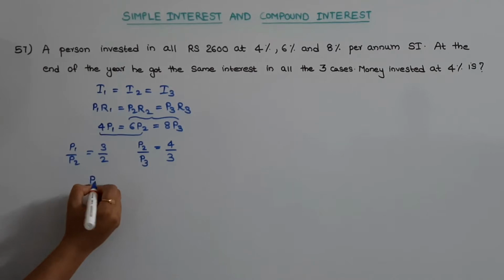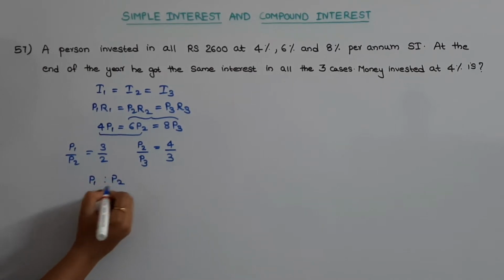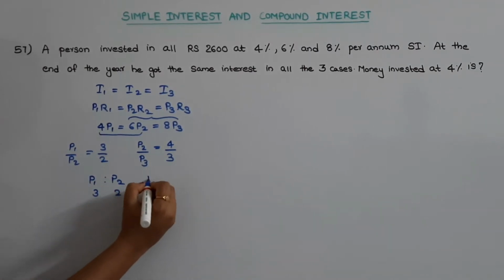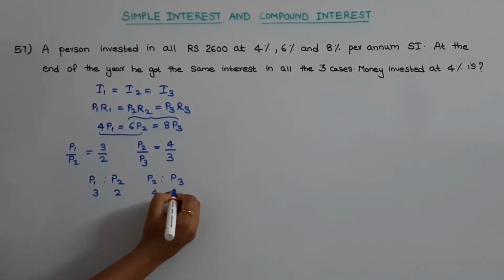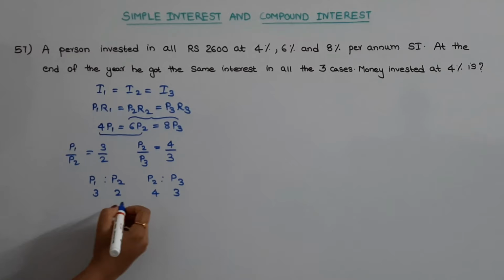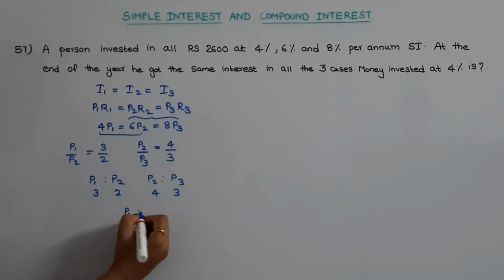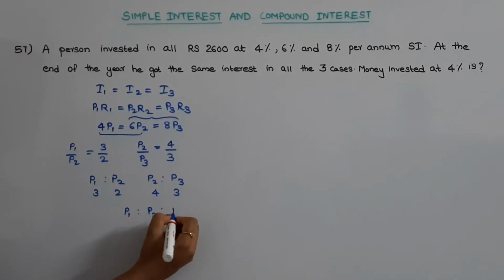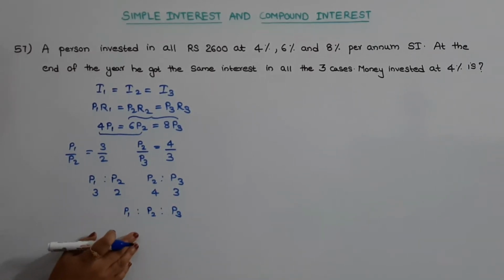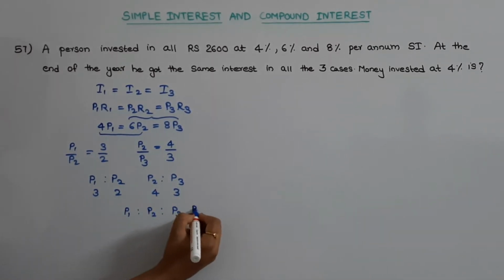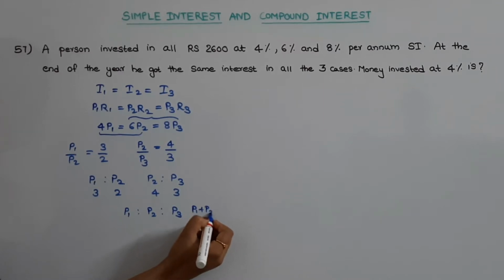So P1 is to P2 is 3 is to 2 and P2 is to P3 is 4 is to 3. But we need to find out the ratio P1 is to P2 is to P3. Then only we will be able to find out the sum of these ratios.